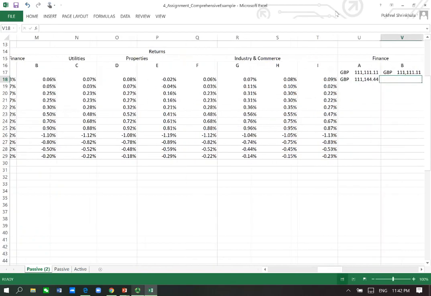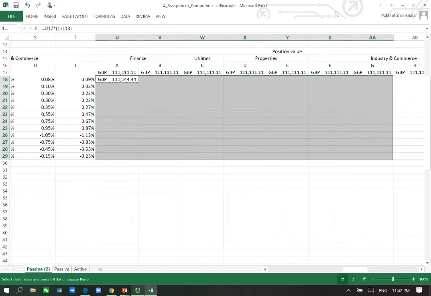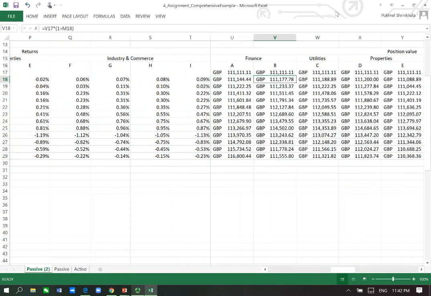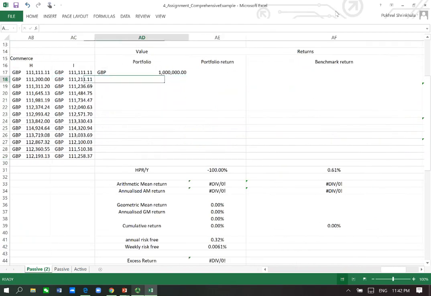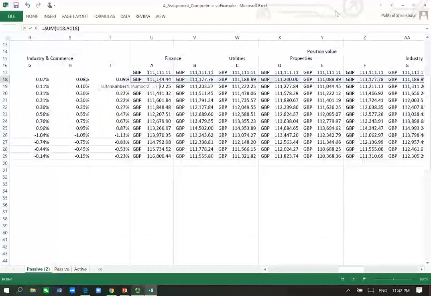So therefore I get this as that particular stock A's value in the second week, and since I have already calculated the returns for all these stocks, I can find out the amount for all the stocks. So that's what I have found. Now I can simply add all the amounts coming to me from each of these 9 stocks.